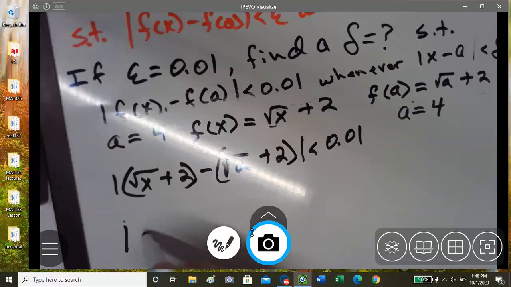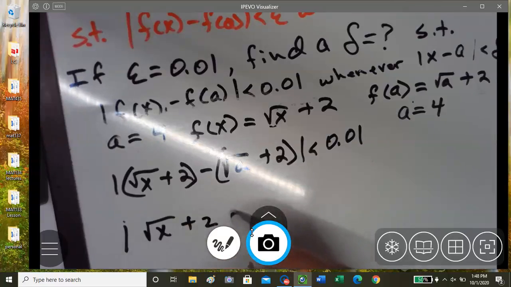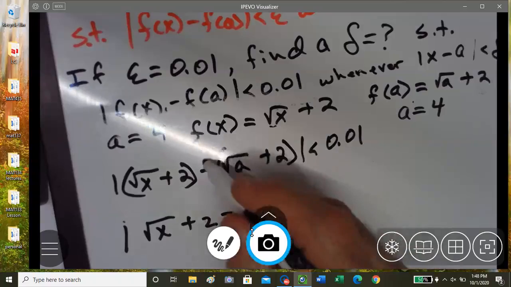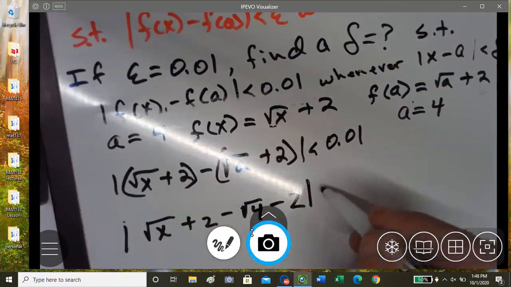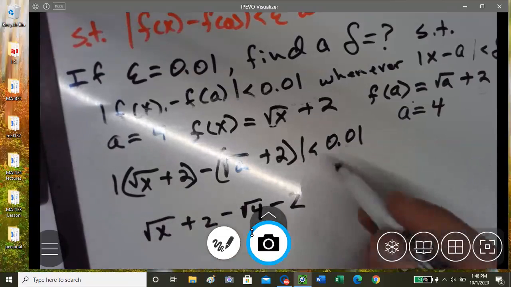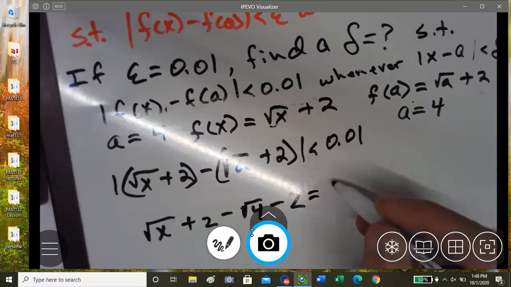So this will be the square root of x plus 2 minus the square root of 4 minus 2, because we have to distribute that negative. And so from here, since we're solving for x, we want to set that equal to 0.01.